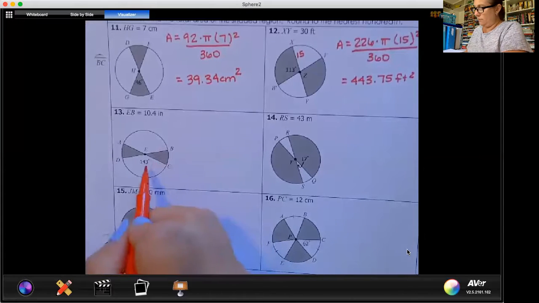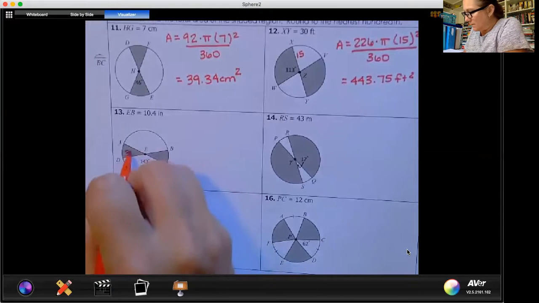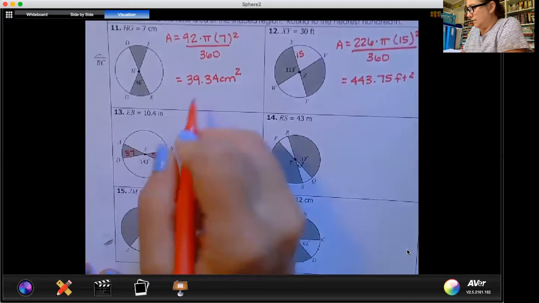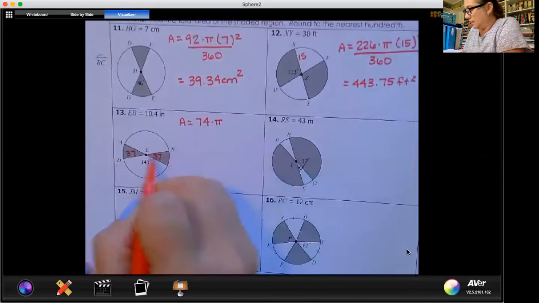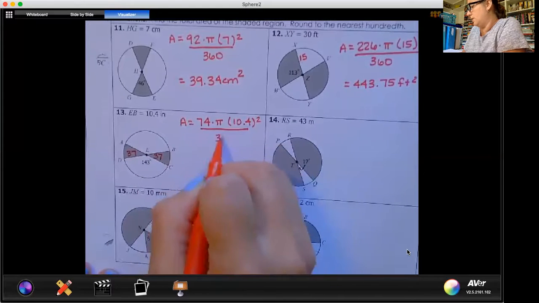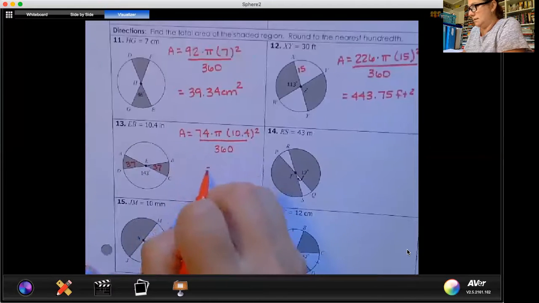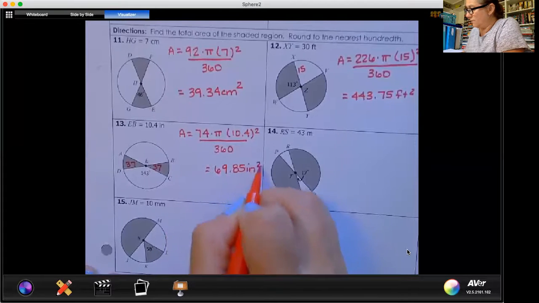And then you have 143, so 180 minus 143 means each piece is 37. So that would be 74 times pi times 10.4 squared over 360, which is 69.85 inches squared.